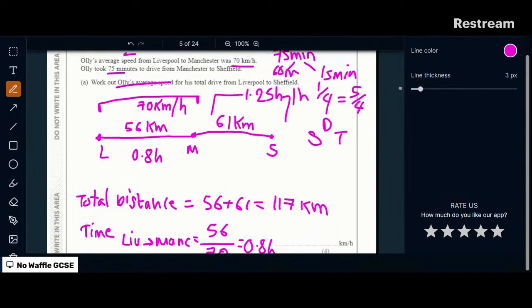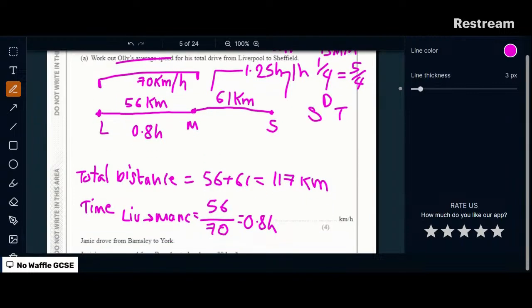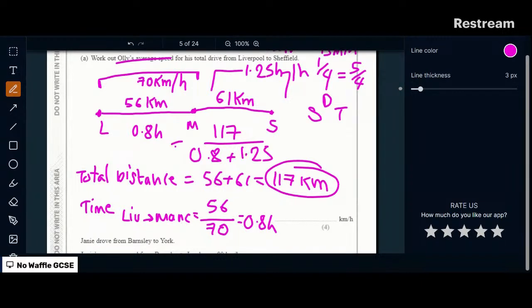So we want to work out the average speed for the total drive. So the average speed is going to be the total distance, which as we worked out is 117, over the total time taken. So 117 over 0.8 for the first journey plus 1.25 for the second journey. Let me do this again.